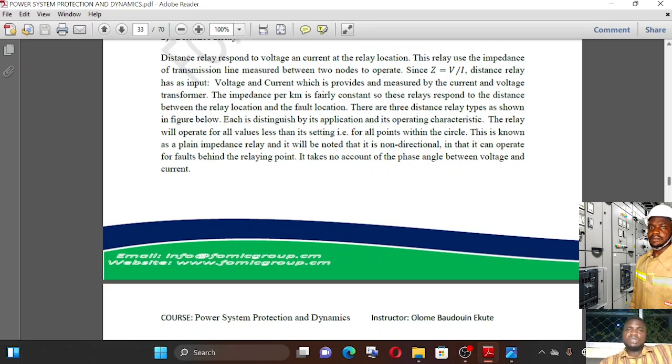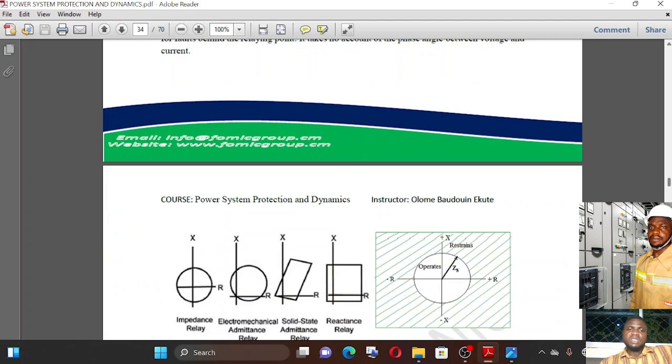So it's able to determine the impedance with respect to the point of fault and know if there is a fault or not. It can also give a prediction of the distance at which the fault has occurred, so it is also used in fault location. Using the impedance measured on the line, you can determine the area in which the fault is located. So you can read much more of that.